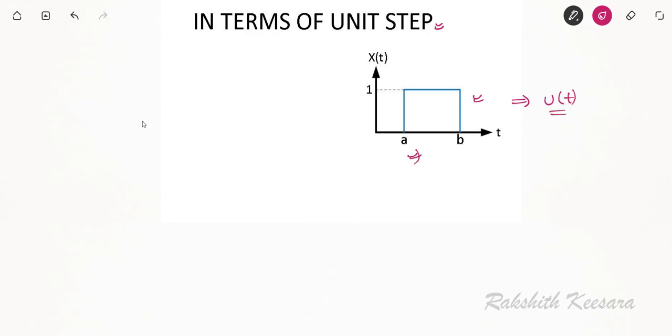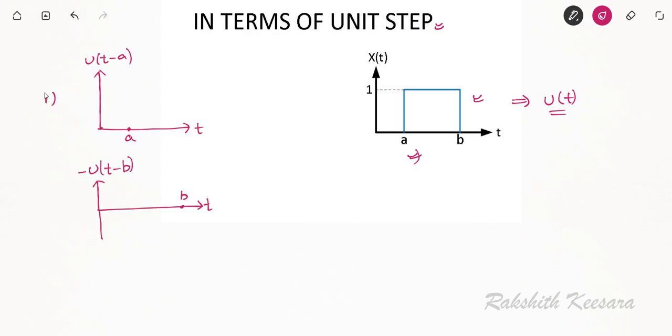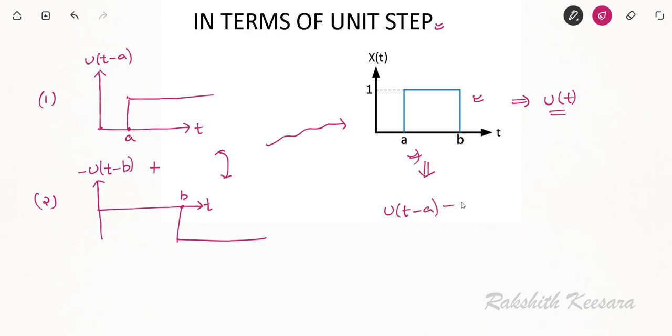If you observe here, this signal is nothing but the summation of these two signals, that is u of t minus a plus minus u of t minus b. If we add these two signals, the resultant signal will be like this. So this is nothing but u of t minus a minus u of t minus b.